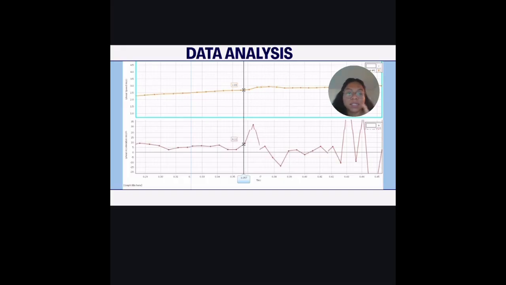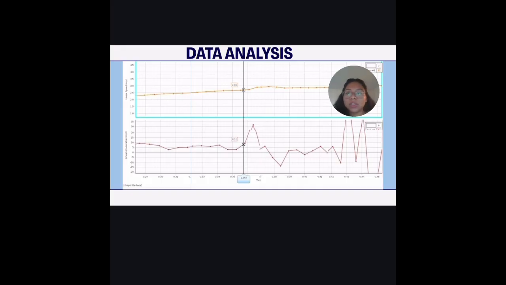And then that's our first graph, the top one, our linear speed that was created. It is more or less a straight line that shows it's increasing. Based on that, we used the Capstone to find our linear acceleration, and then we annotated it.